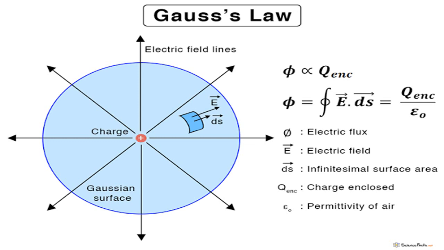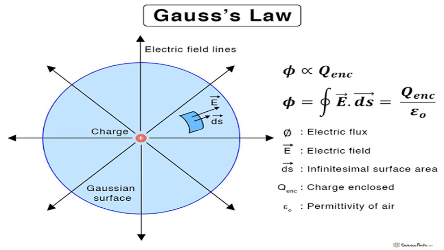However, if you have a positive charge within a Gaussian surface, you will discover that the field lines will be radiating outside. If you have a negative charge within the Gaussian surface, the field lines will be radiating towards the inside. If, however, you have more of the positive charges than the negative charges within a Gaussian surface, that means more of the field lines will be leaving the surface than entering the surface.